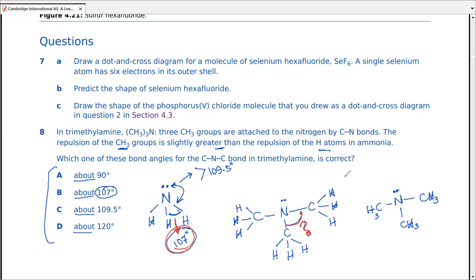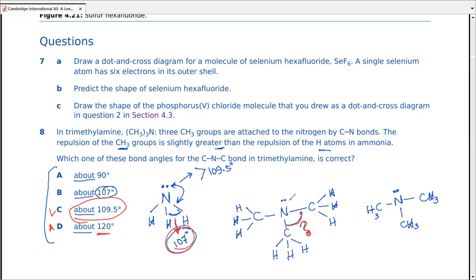Maybe about 120, greater than 109.5. Okay, that's your choice. What about you, Laiba? C. Okay, let me tell you, this one is closer. 120 is the angle when there are 3 pairs around the central atom.